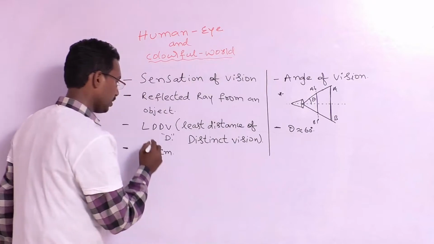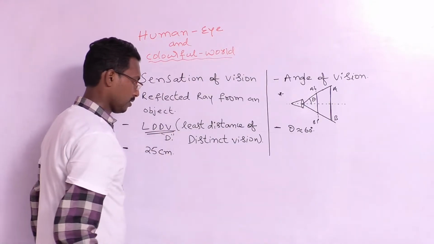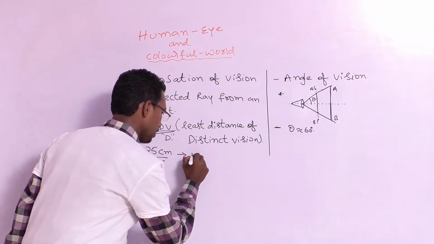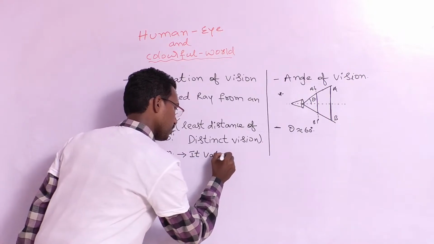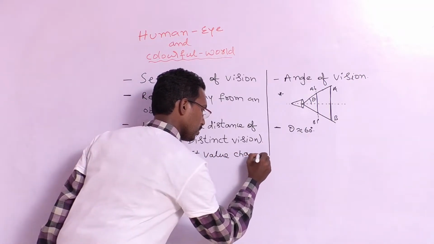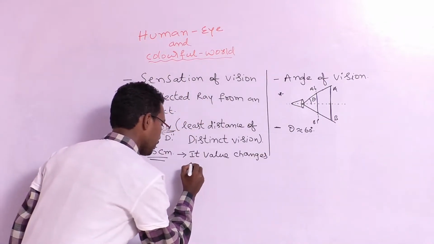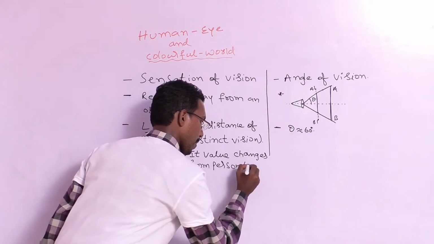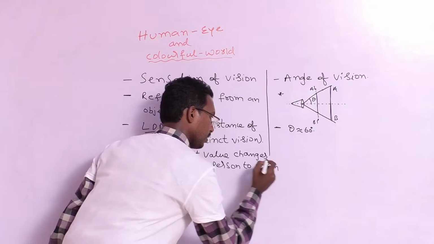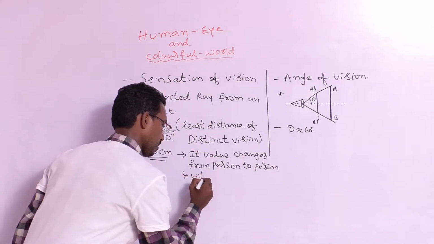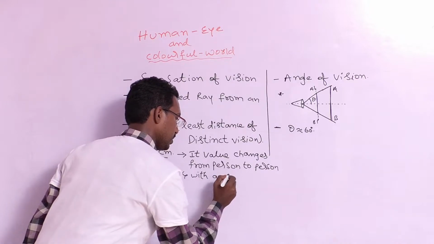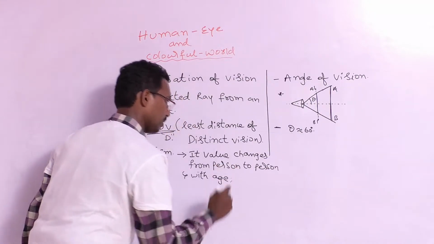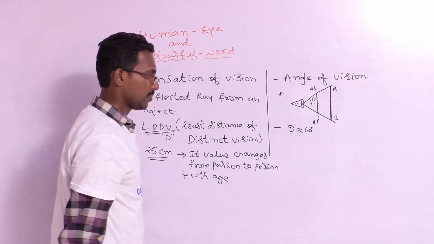In the concept of least distance of distinct vision, the value of 25 is not a fixed one. It keeps on changing. Its value changes from person to person, and with age also, the value of least distance of distinct vision changes.